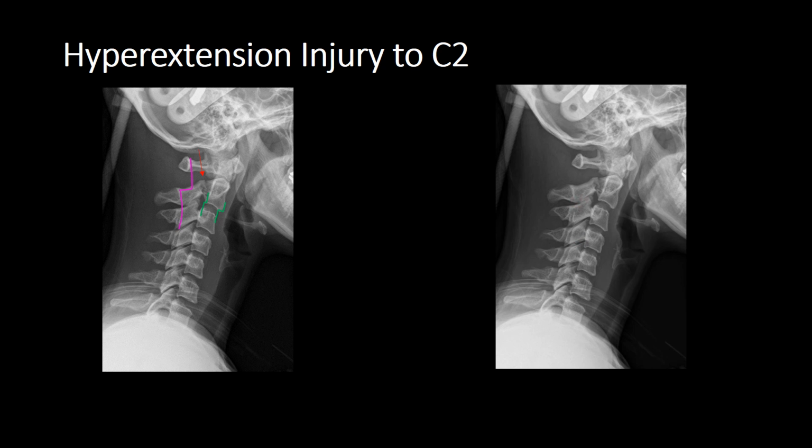Okay, so we've got normal cartilage. So remember, we can see on the left view the step of C2 moving anterior in relation to C3. We can see the fracture in the cortex, we can see the step in the spinolaminar line. Okay, let's go on.